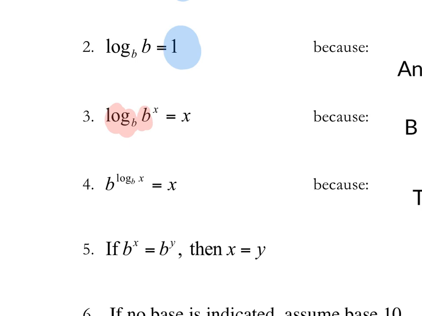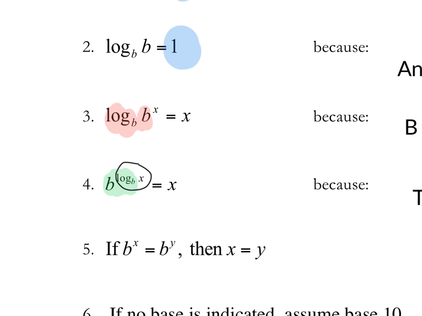And the same is true on number 4. I have b raised to the power of log base b of x. Well, let's do a different color. These two pieces undo one another, right? This will sound confusing, but let me just talk through it. This exponent right here is a number.